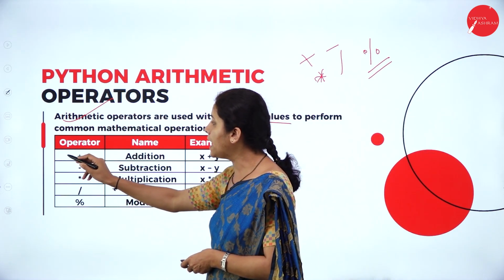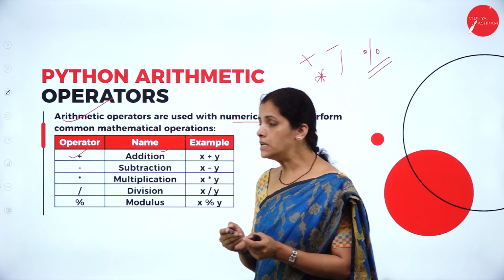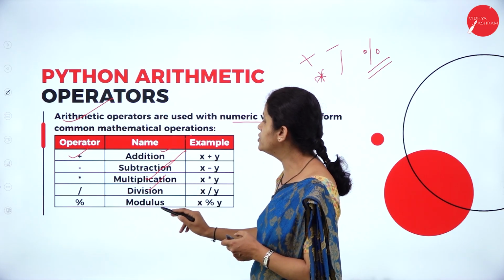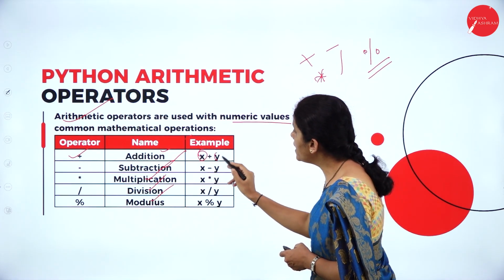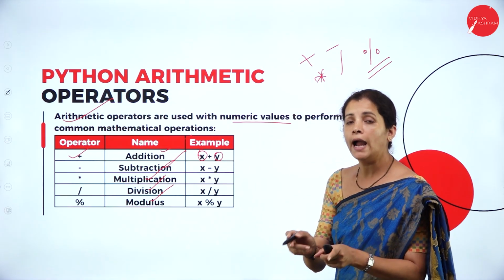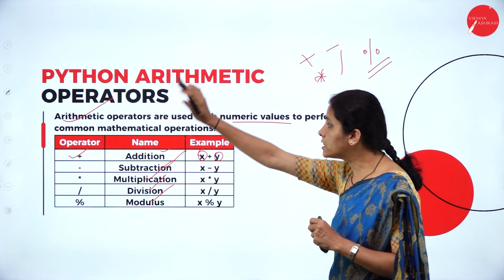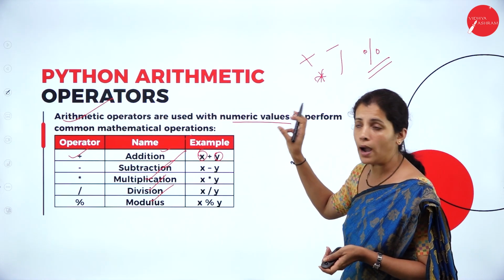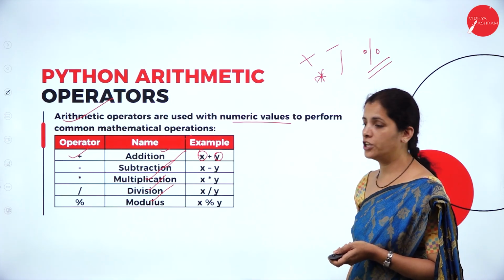Which operators do I have? Plus is addition. Minus is subtraction. Multiplication, division and modulus. Here x and y are variables which hold some values and I perform the operation.